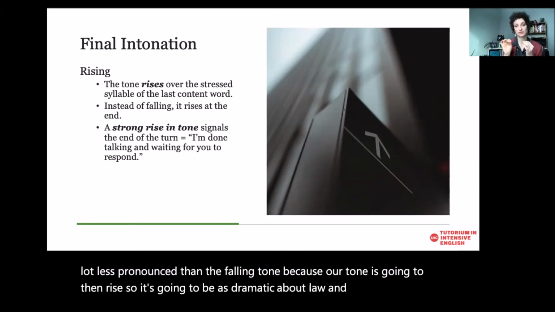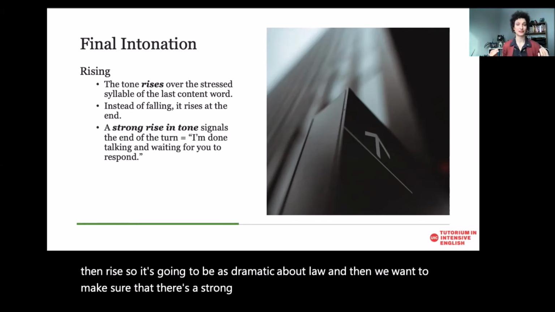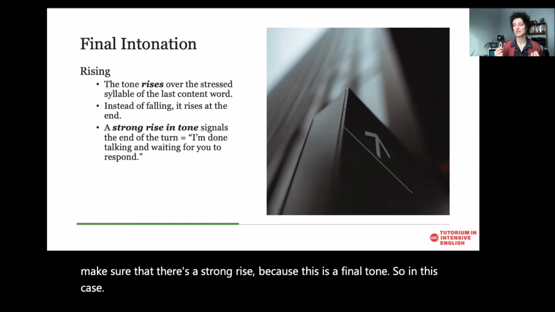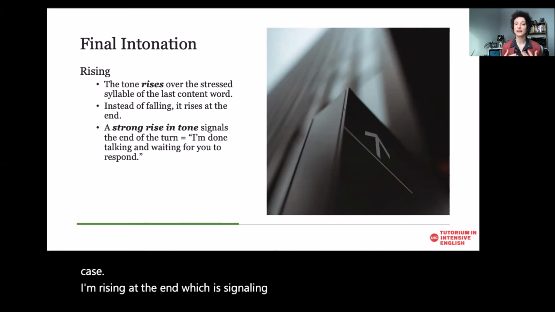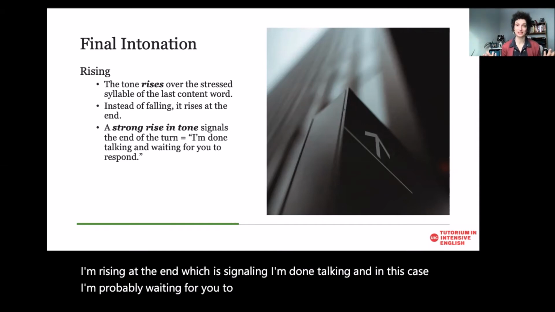We want to make sure that there's a strong rise because this is a final tone. So in this case, I'm rising at the end, which is signaling I'm done talking. And in this case, I'm probably waiting for you to answer a question that I've just asked.